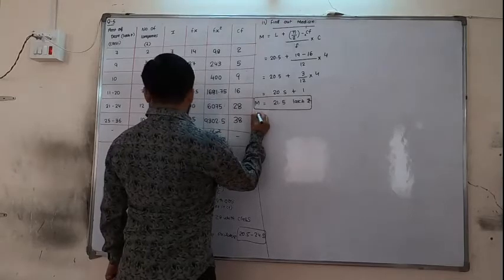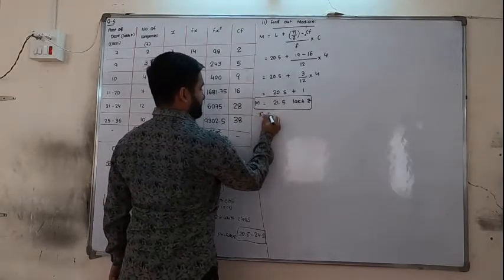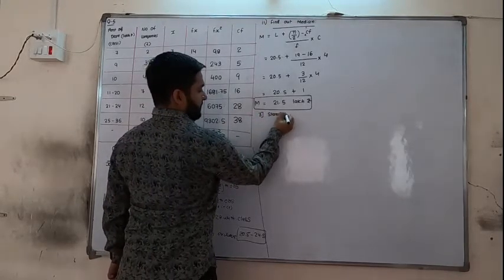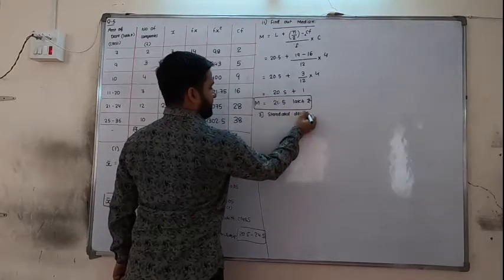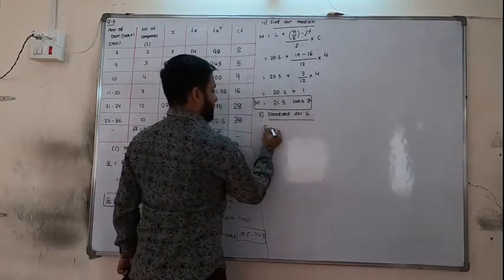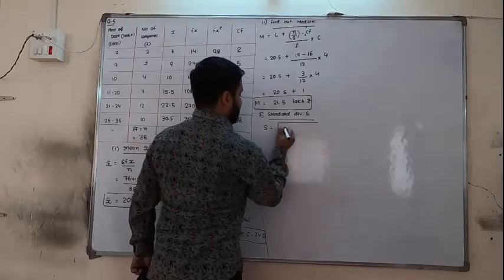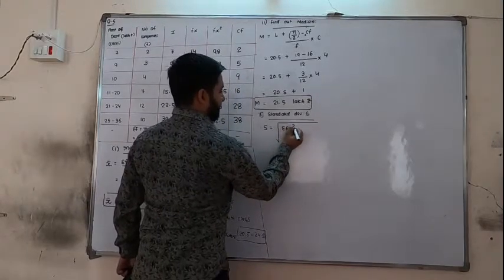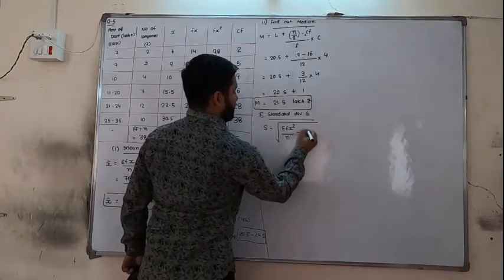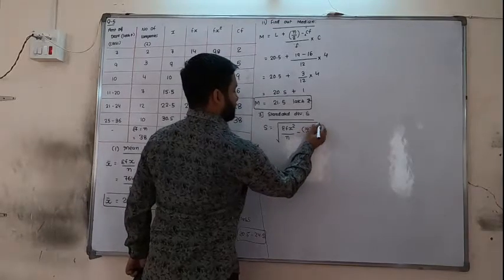After that, the third measure, that is standard deviation S. S is equal to the square root of sigma fx square by n minus x bar square.